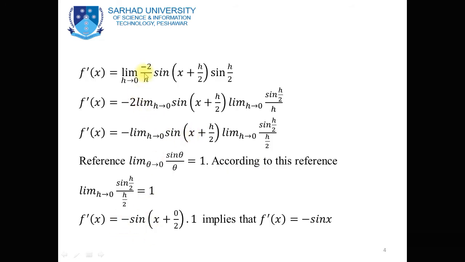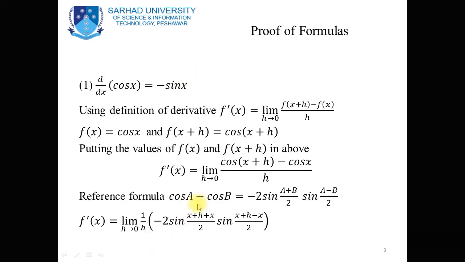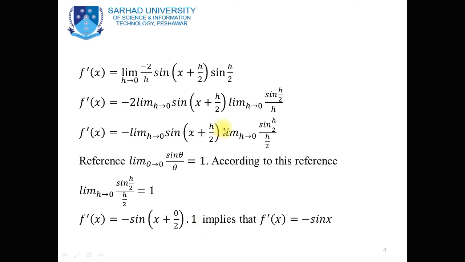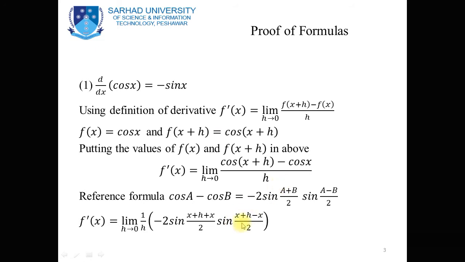Now minus 2 by h, limit h tends to 0, sin of (x plus x plus h) by 2, the 2x divided by 2, the 2s cancel, so we get x plus h by 2. Then sin of (x plus h minus x) by 2, the x minus x cancels, so sin h by 2.